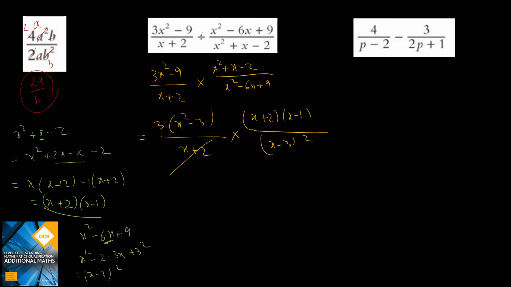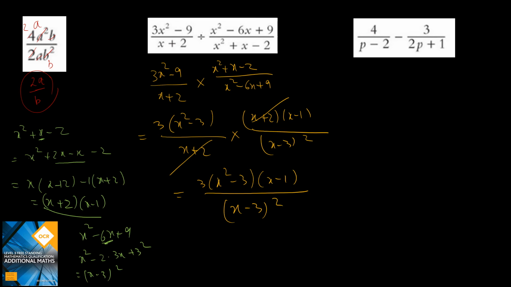We can cancel out this and this term, but that's it. We can't go any further. So this becomes 3 times x squared minus 3 times x minus 1, over x minus 3 whole squared, and that is the answer.